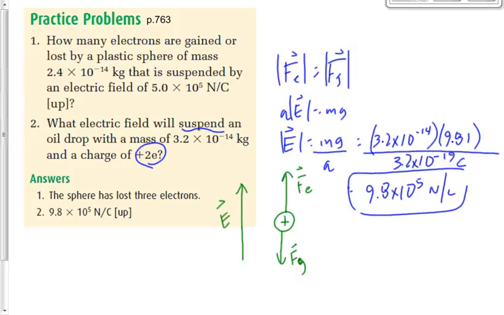Positive particles experience an electric force in the same direction as the field. So, if it was a negative particle with an electric force upward, then the field would have to be downwards. A positive particle, the electric field has to be upwards because it's always in the same direction as the force. Right?